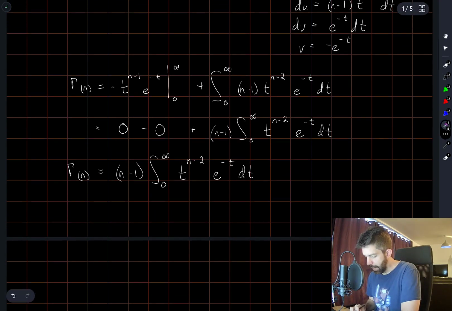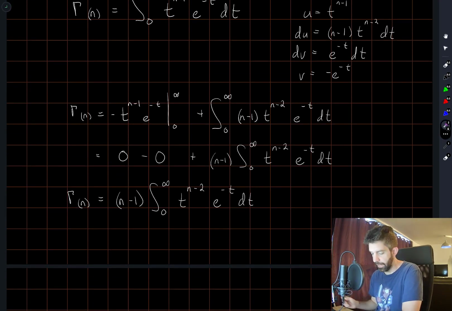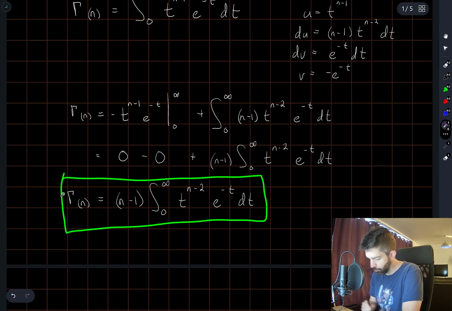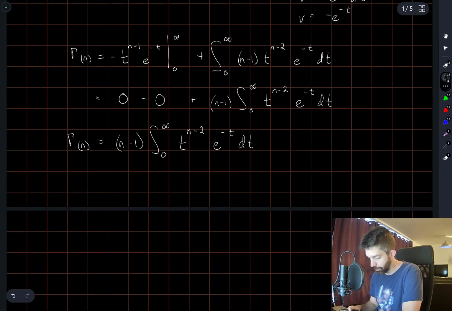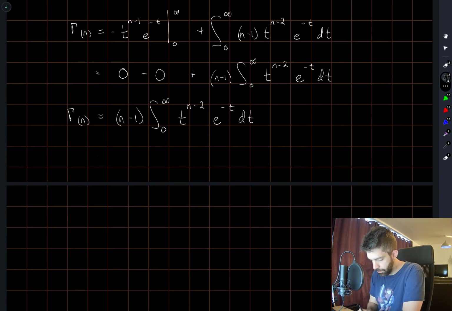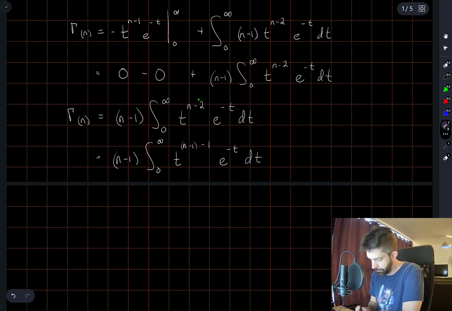So what I've done now, after doing the integration by parts, evaluating things at the appropriate limits, and substituting into this second integral, I have gamma n written in terms of another integral. But what I'm going to do inside this integral is separate this exponent into two terms. So I now have this n minus 2, I'm simply writing as n minus 1 minus 1.